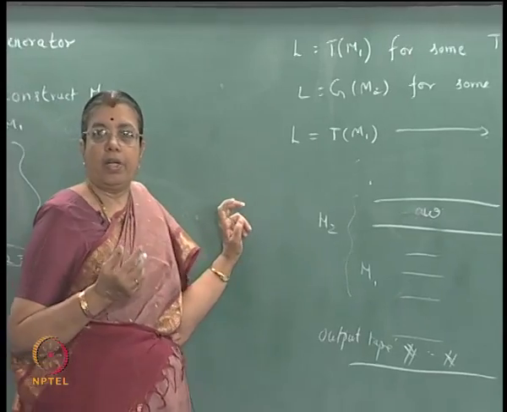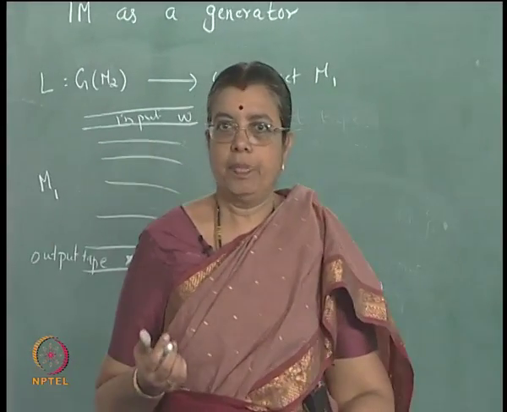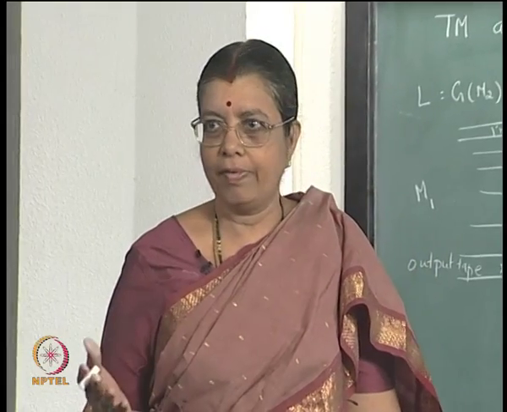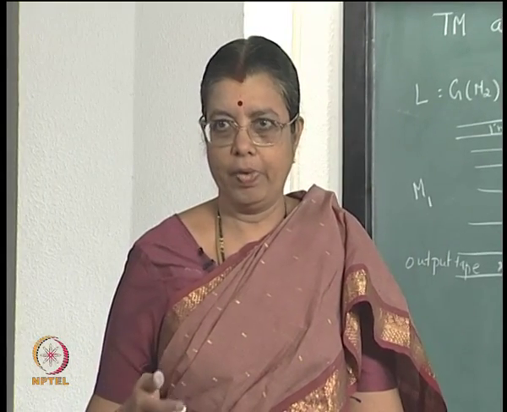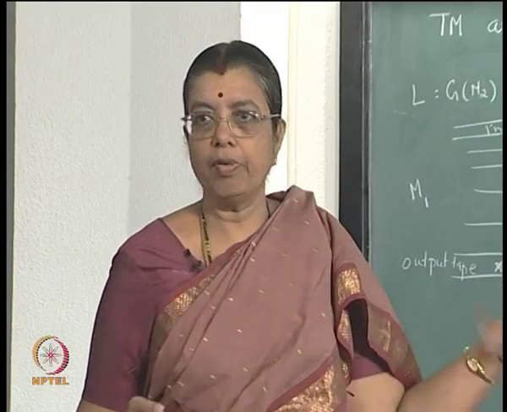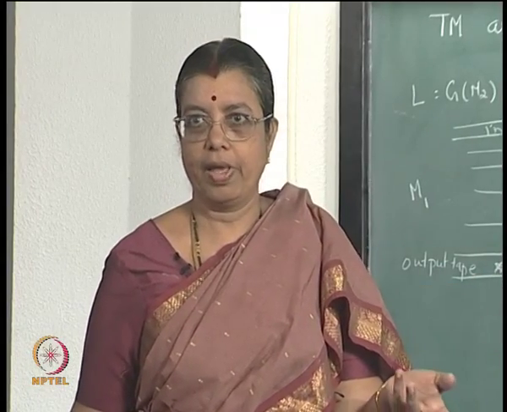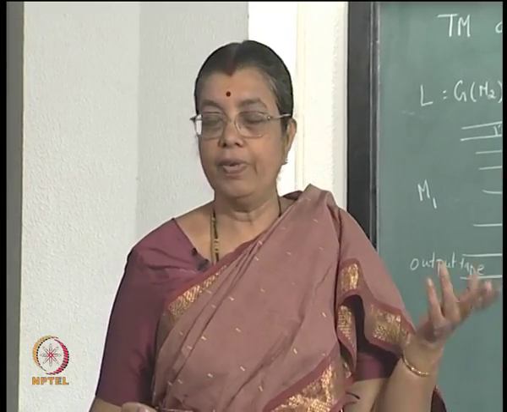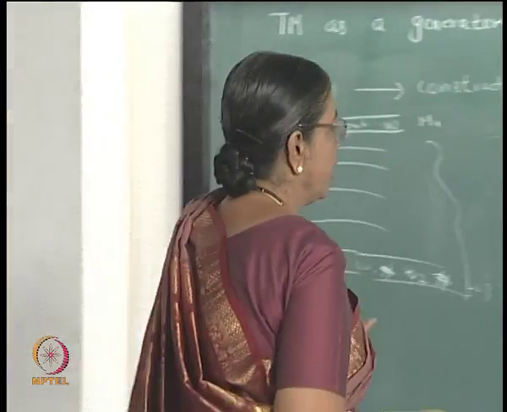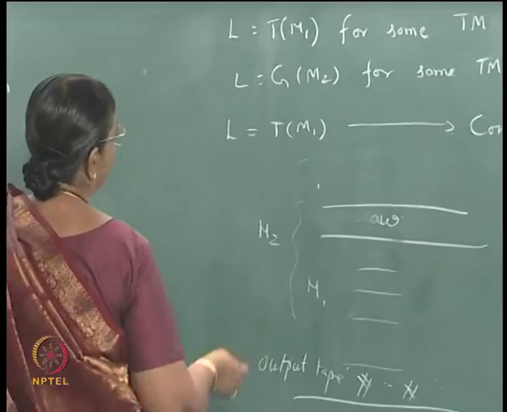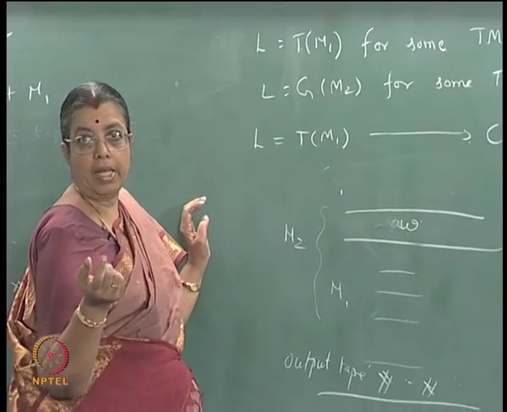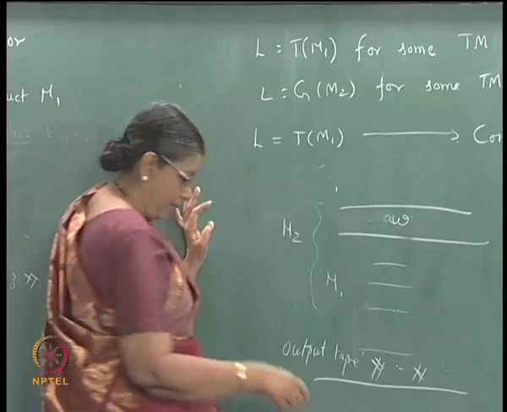See, a Turing machine can reject an input by halting in a non-final state or by getting into a loop. Suppose it gets into a loop, this also will get into a loop and you will not be able to proceed further. If it is rejected, you must go to the next one and so on. So, how do you know that? You cannot simulate the behavior of M1 on any string infinitely. If you start doing that, you will be in trouble.